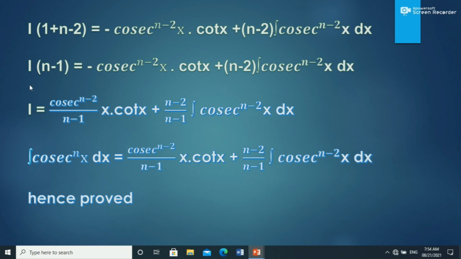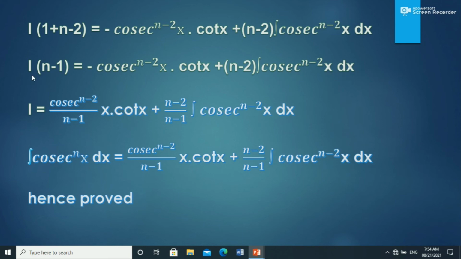Then here plus 1 and minus 2, it is minus 1. Therefore I into (n-1) is equal to minus cosec^(n-2) x cot x plus (n-2) integral of cosec^(n-2) x dx.